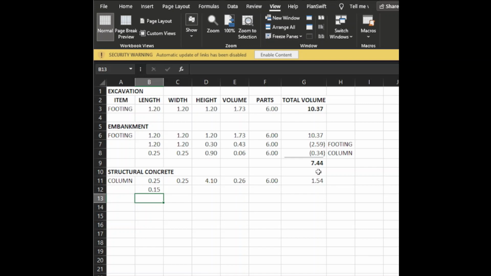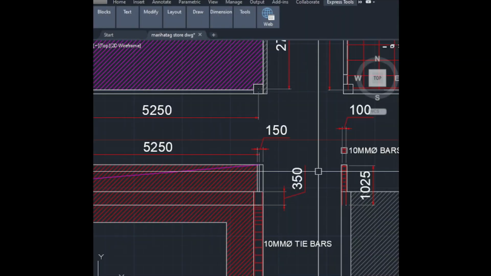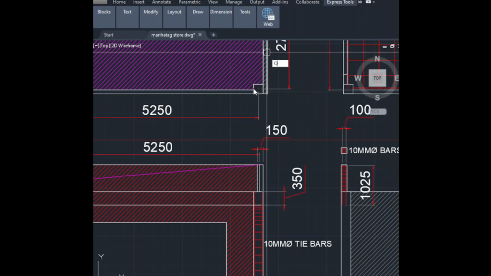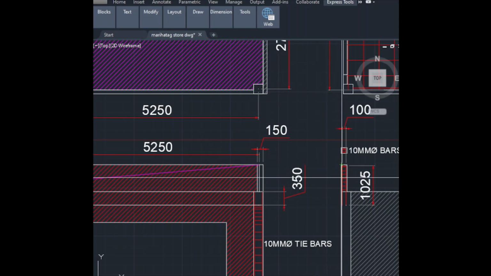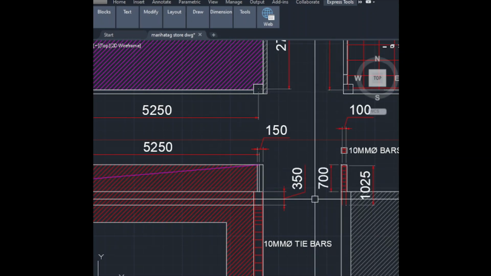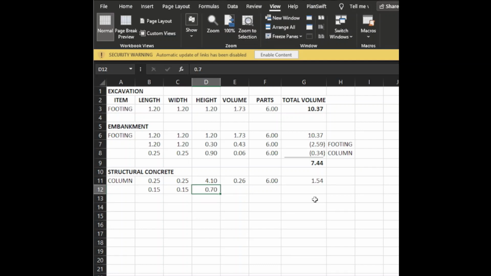So 0.15, 0.15. Then the height is 0.7. Wait, we'll check this one. Yeah, 0.7. So the volume is 0.02. We have 6 parts again, and the total volume is 0.09 cubic meter.